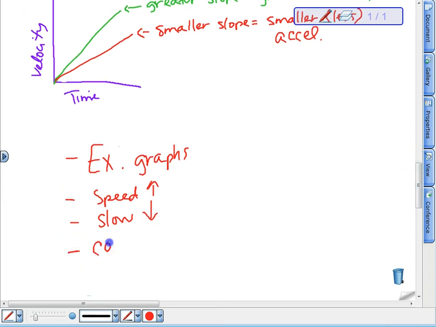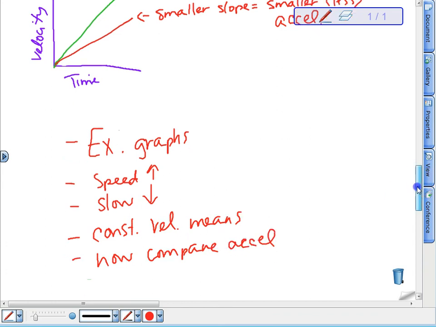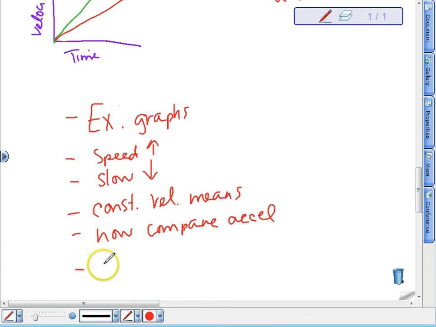Make sure you know what a constant velocity means and how to compare accelerations using a velocity time graph, and then what curved lines mean. Make sure you have all of these things in your notes. If you don't have them, go back, listen again.